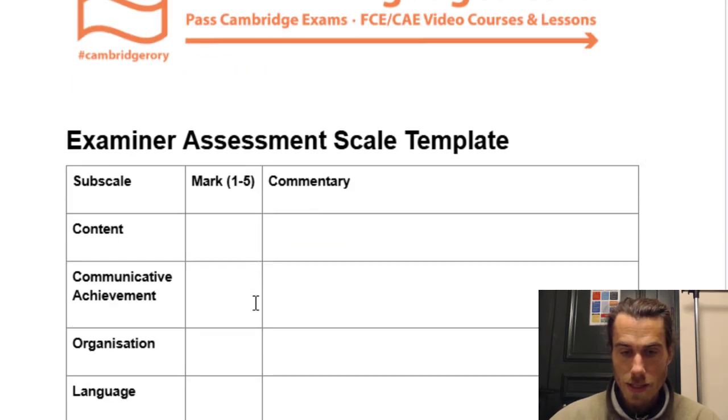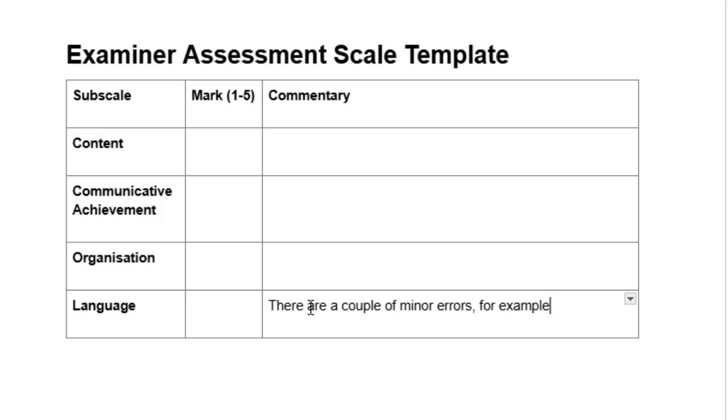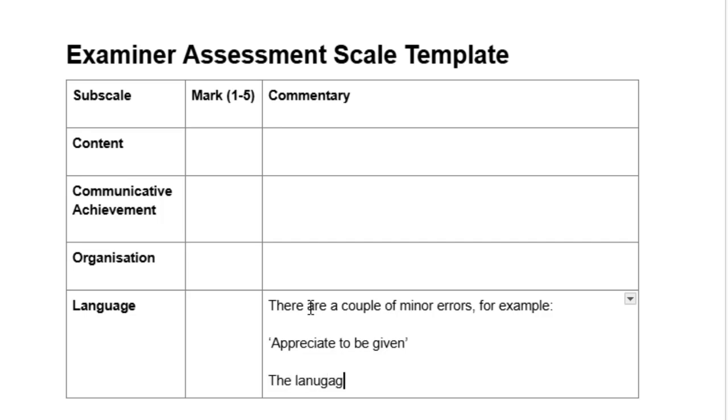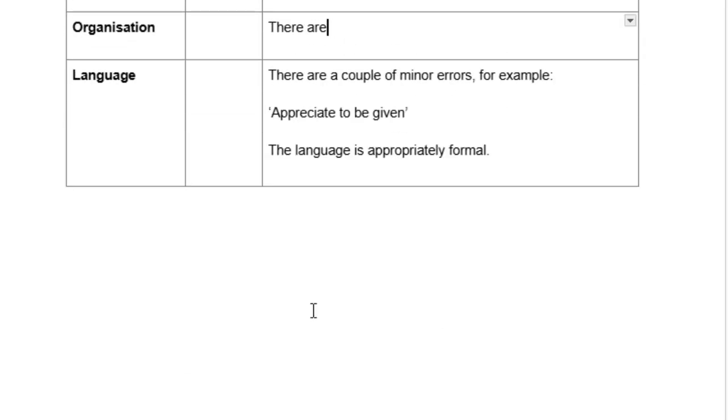I'm going to make a couple of comments here now. So the language, there are a couple of minor errors. For example, appreciate to be given. But the language is appropriately formal. There is evidence of good linking words and phrases.